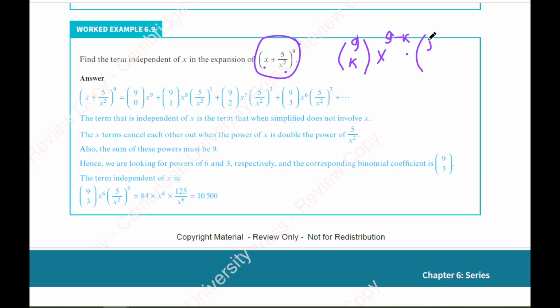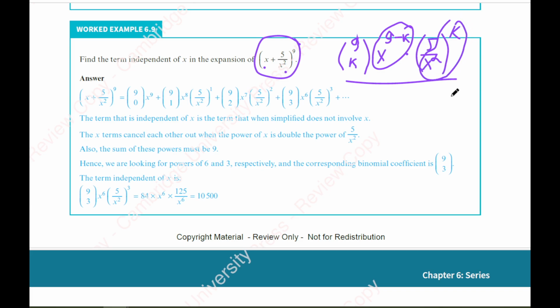by 5 over x squared, to the power of k. We need to understand that this amount multiplied by these shall cancel.